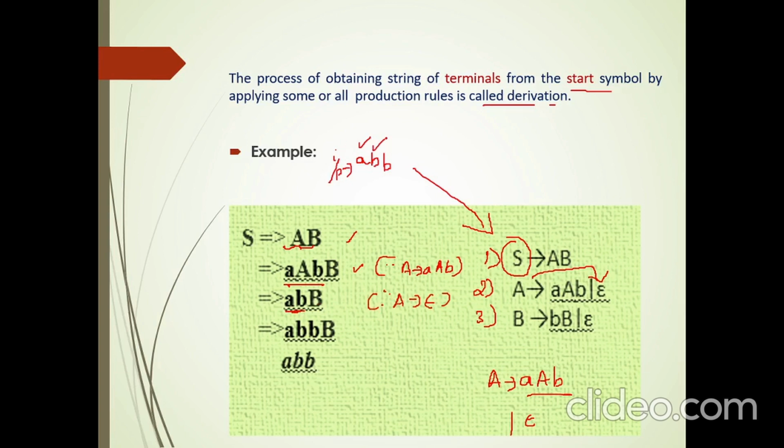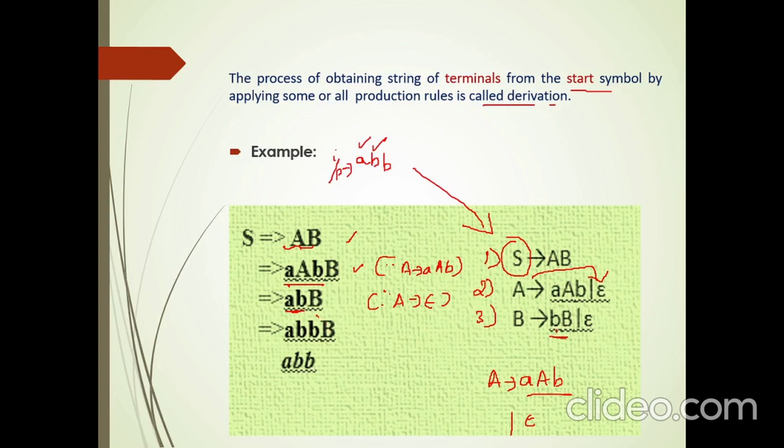Now I have A, B. Next I have to get just a B. The leftmost non-terminal in this working string is B, so apply the correct production which can give you B.